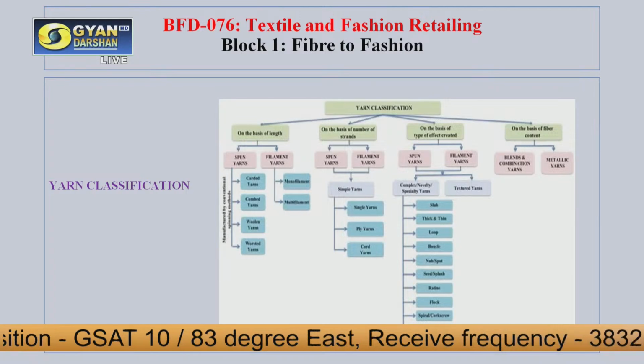Blended yarn means we combine 2 different types of fiber together, because suppose one fiber has some properties which are absent in the other, so we can combine 2 fibers to create a blended yarn. So these are the 4 main classifications of yarn.